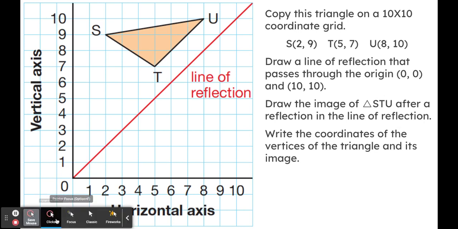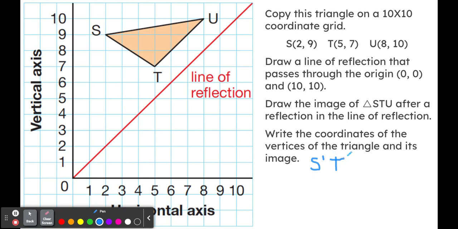And as a reminder, when we are labeling with prime, we have S prime, and we do like a little apostrophe or a little number 1, and then T prime, and then U prime. And we will then also list the coordinates for each of those points.